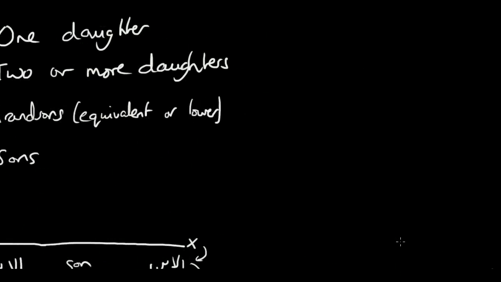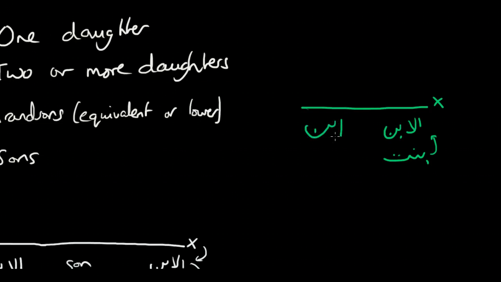So X passed away with a bintul ibn, daughter of the son, and he's also passed away with an ibn, which is a son. In this case, ibn gets asaba, and the granddaughter is deprived, so the son gets everything.